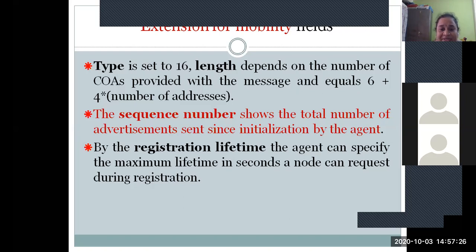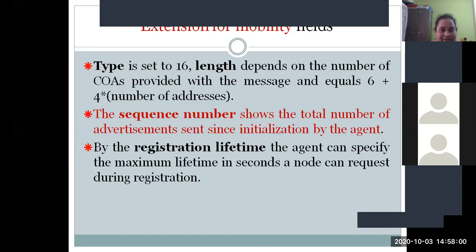Next one is the registration lifetime. The agent can specify the maximum lifetime in seconds a node can request during registration. That is nothing but whenever any node has to communicate, it has to approach the agent. At that agent, it has to get registration. Using the particular registration itself, its lifetime will be identified. That is based on the time interval. That is the maximum lifetime a particular node can request for registration at that particular agent to transfer the data through it.